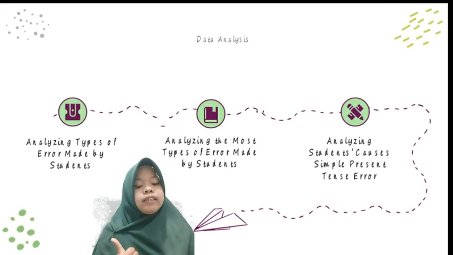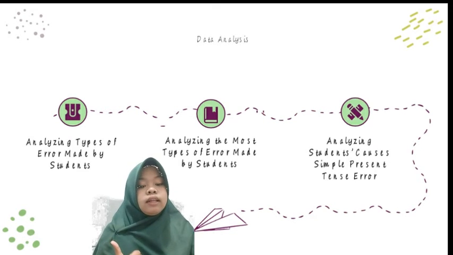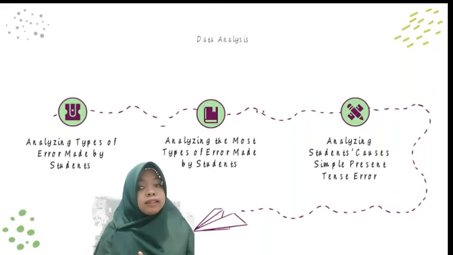First is analyzing types of error made by students, and analyzing the most types of error made by students, and the last is analyzing students' simple present tense error. Okay, I will explain one by one about the sections.